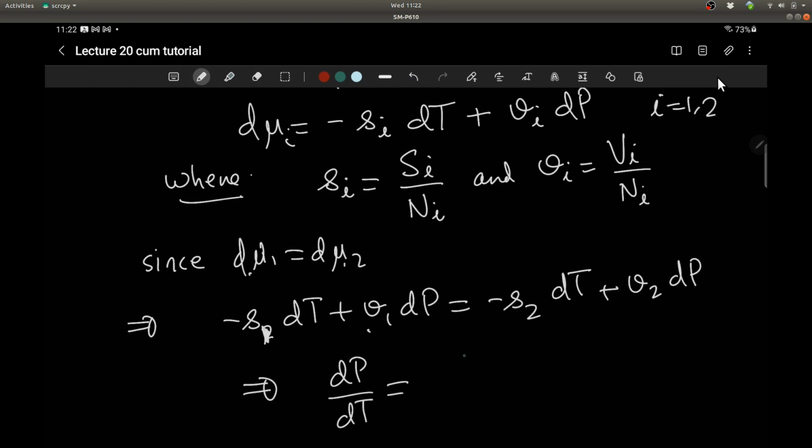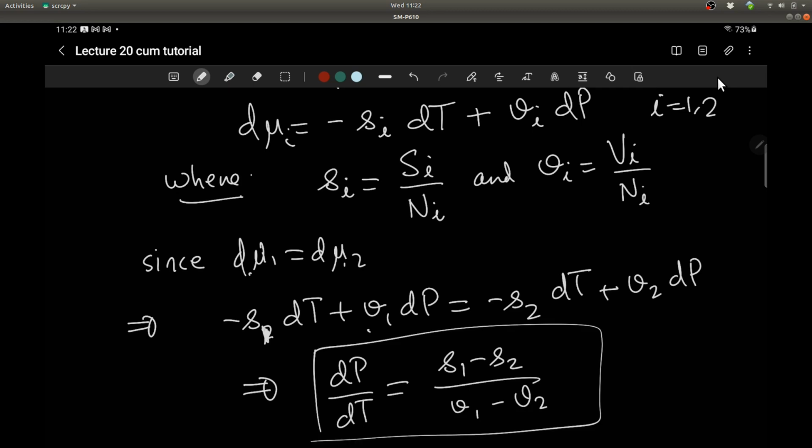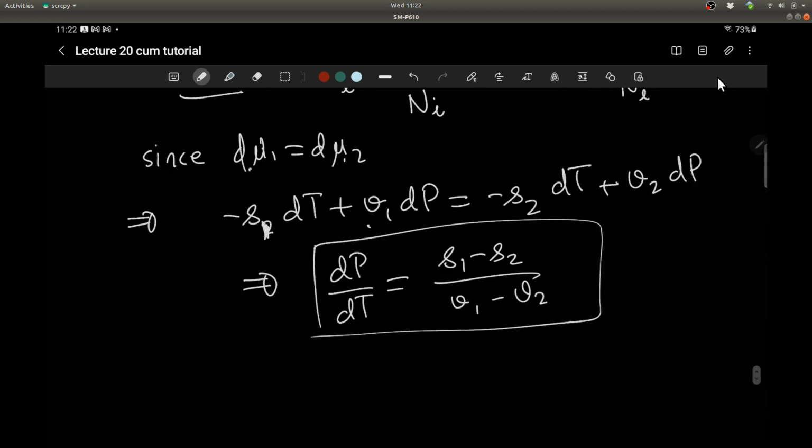So there are two phases, and this gives you the slope.